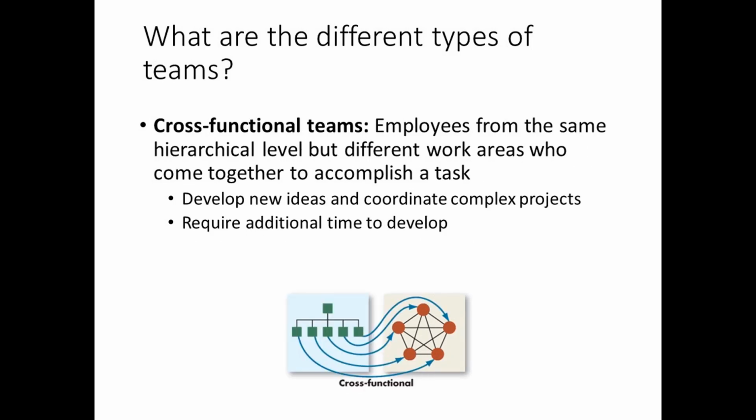The last type of team that I want to mention is the cross-functional team, which is made up of employees from about the same level in the organizational hierarchy, but from completely different work areas, departments, specializations. These people come together to accomplish a task.